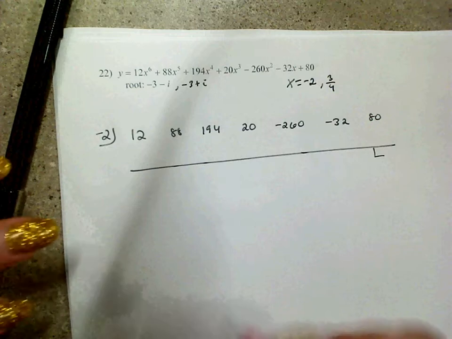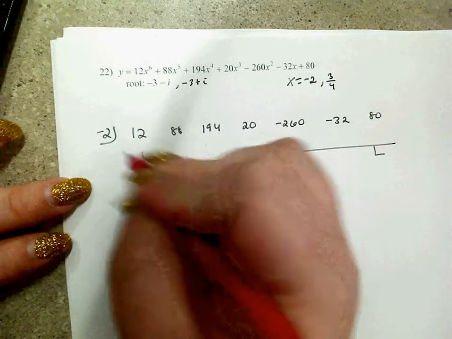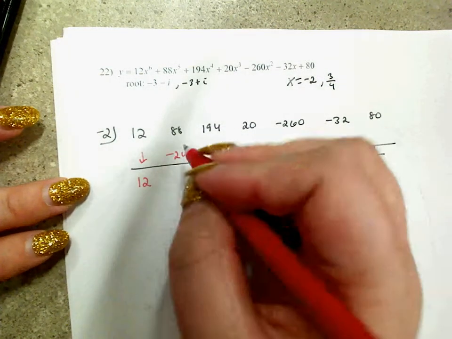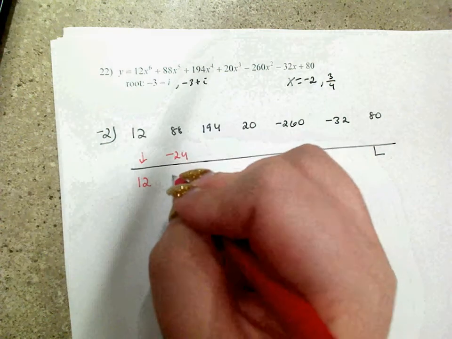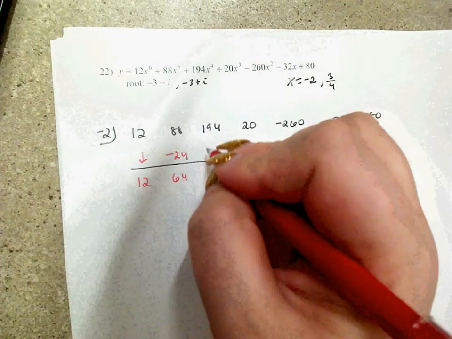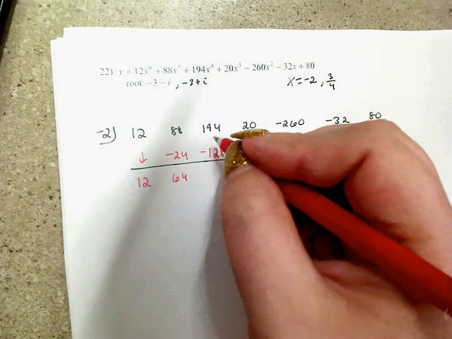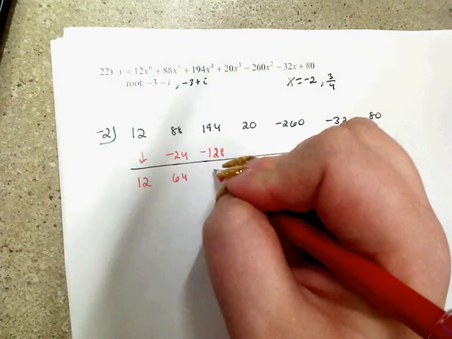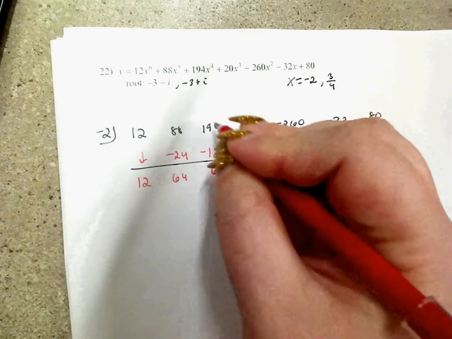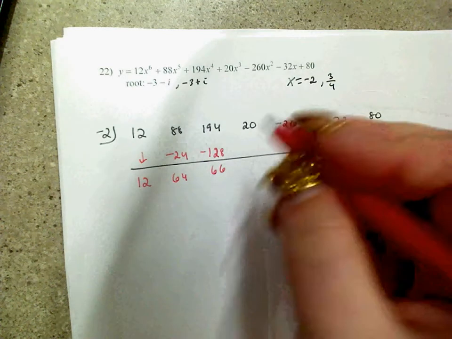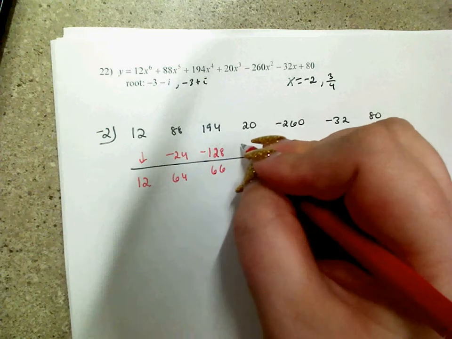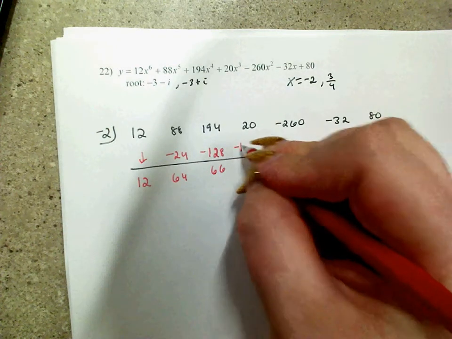Okay. So that's negative 24. That is 64. That is negative 128. 66. 14 and then 7. Yeah. Okay. 100 and negative 132.